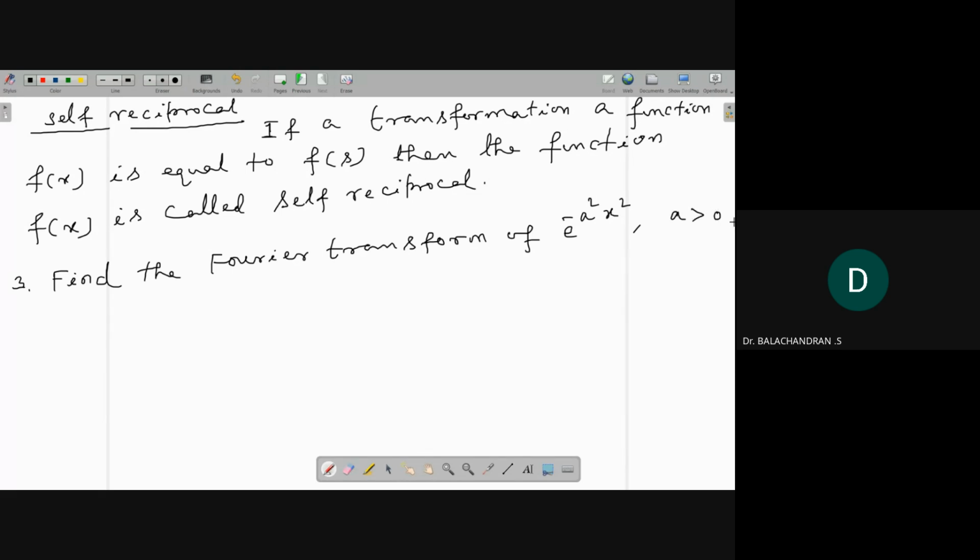Hence deduce, or hence show, that e power minus x square by 2 is self-reciprocal under Fourier transform.